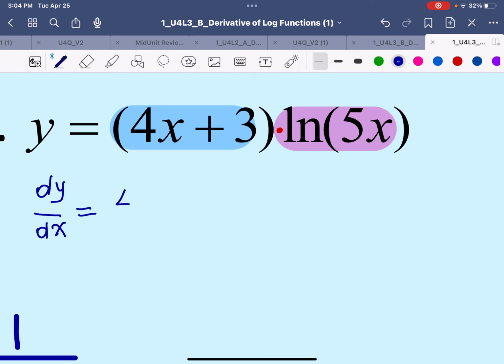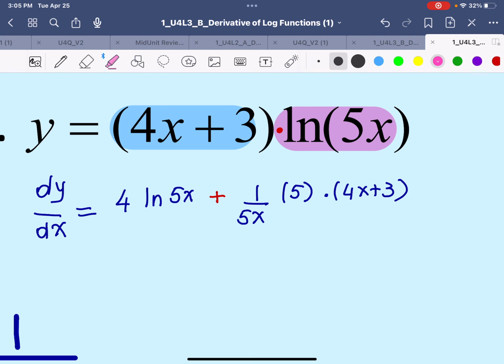Derivative of 4x plus 3 is 4, and then ln of 5x. And then plus, because product rule. And now we have a ln of 5x derivative, which will be 1 over 5x times the derivative of inside, which is simplified, and then times 4x plus 3, the other factor.